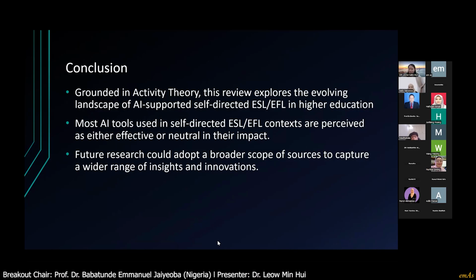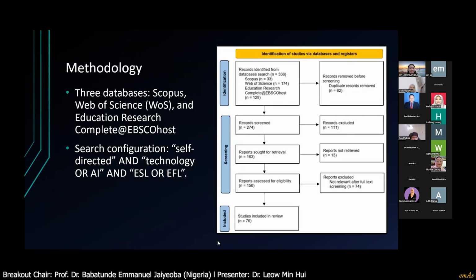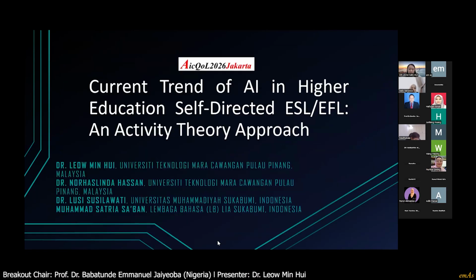Okay, thank you. All right, thank you for that presentation on the current trend of AI in higher education. I'd like to welcome the other presenters in this session and other people attending, whether they have questions for Dr. Leo and the team or contributions for them.